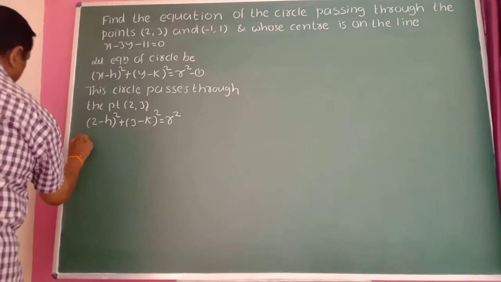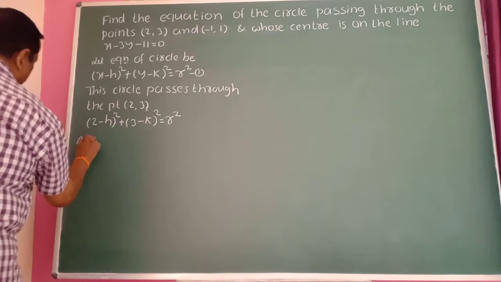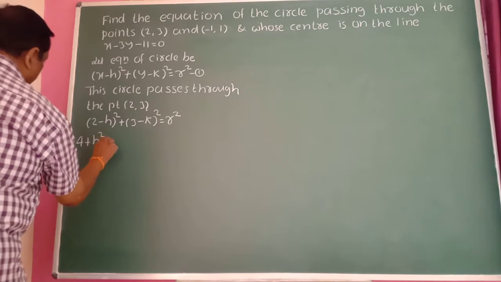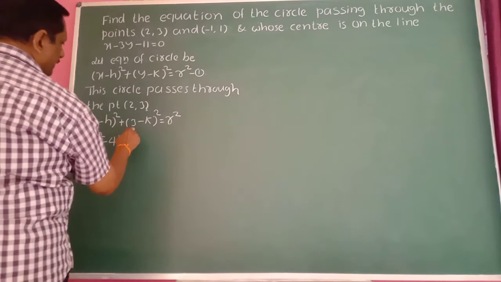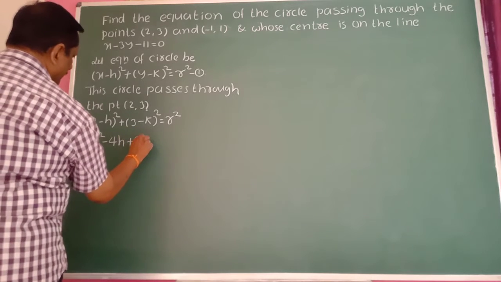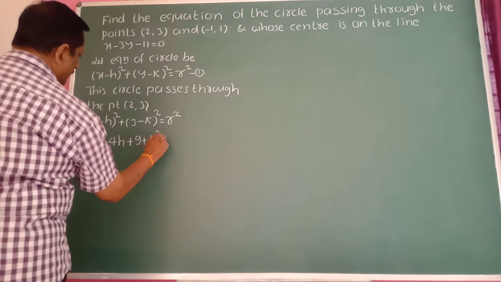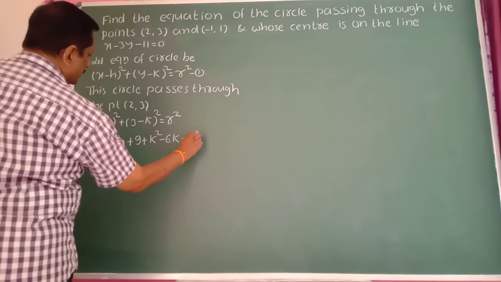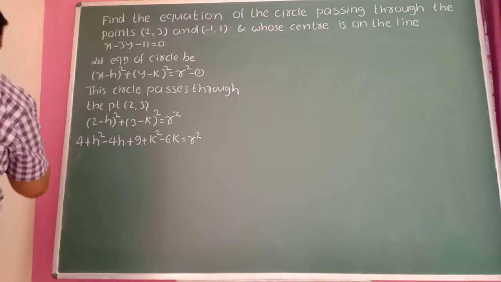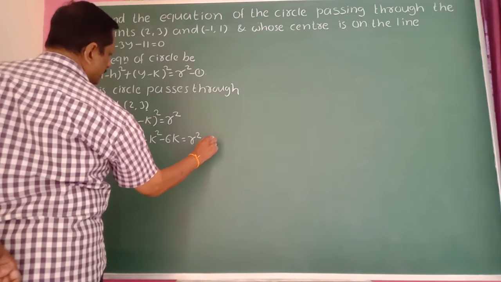2 minus h whole square is 4 plus h square minus 4h. Then plus 3 minus k whole square is 9 plus k square minus 6k is equal to r square. Take this as equation number 2.